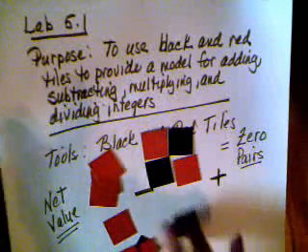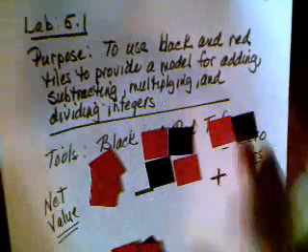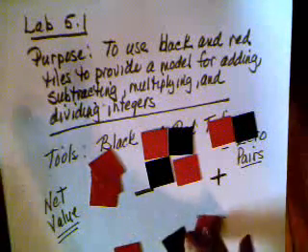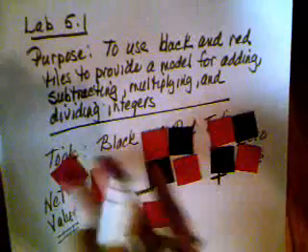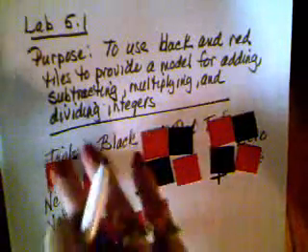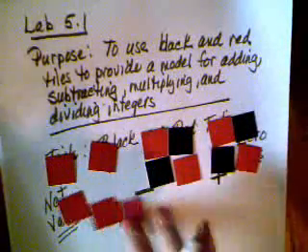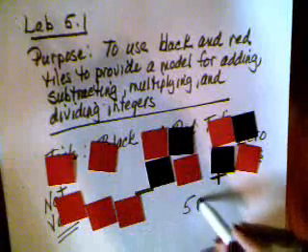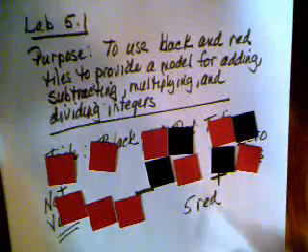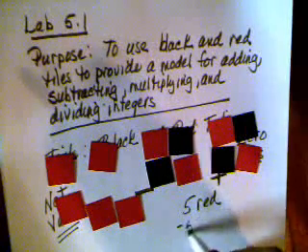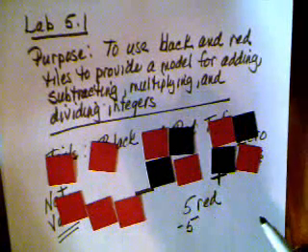A black and a red, 0. A black and a red, 0. What I now have left is 1, 2, 3, 4, 5 red, and red represents negative, or values less than 0.